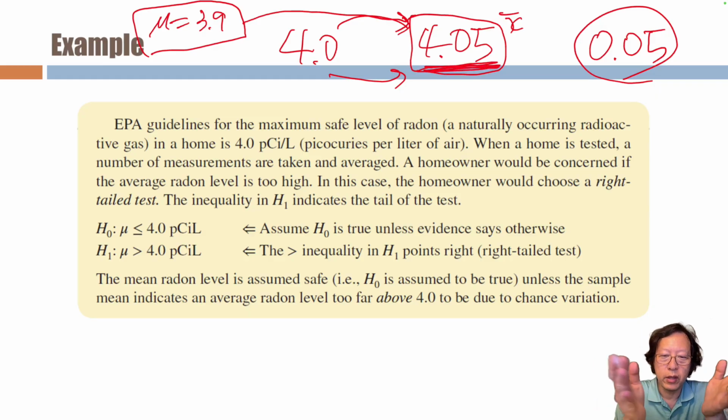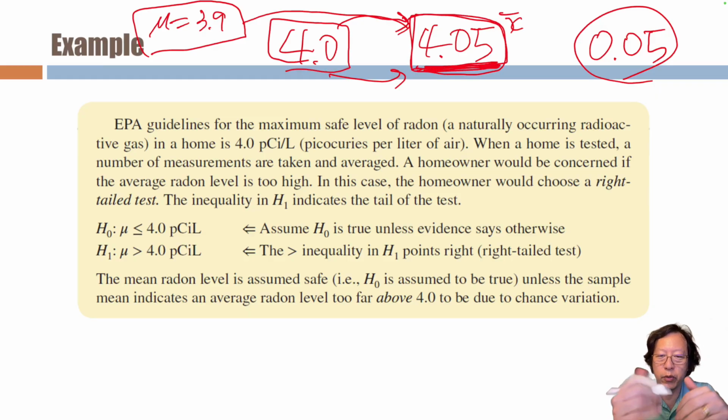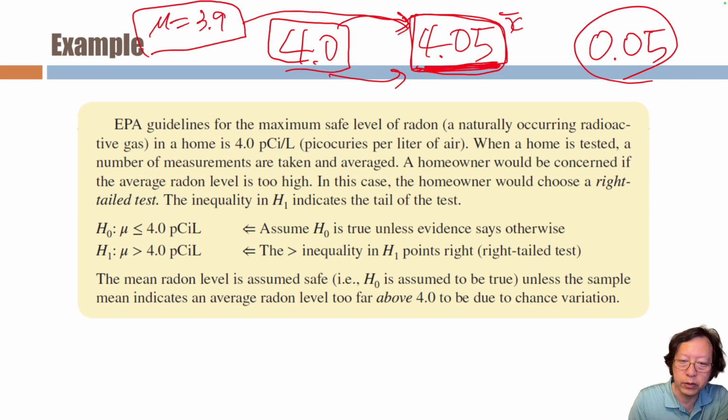So can we tell 4.05 is really significantly greater than 4.0, so that we can say our house's mean radon level is greater than 4.0? The evidence we are trying to collect is whether the real population mean of the average radon level is greater than 4.0 or not.